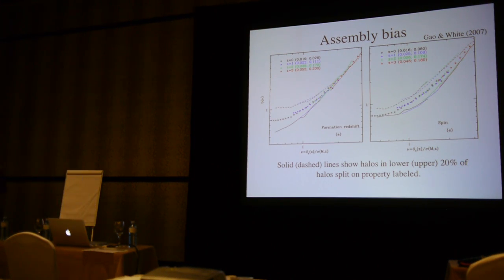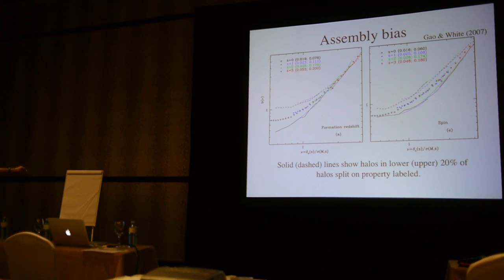This dependence on things like halo formation history and so on became known as assembly bias, and I've taken these plots from papers by Gao and White in 2007. Just look, for example, at the left plot. This is a plot of b again as a function of this nu parameter, so more massive halos are off to the right. What they've done is taken the full halo sample, which is the plot that we saw in the previous slide, and broken it up into the upper and lower 20th percentiles of a distribution, in this case formation redshift.